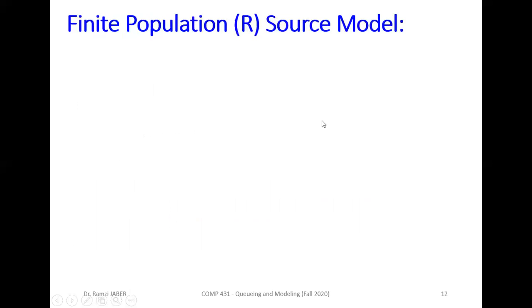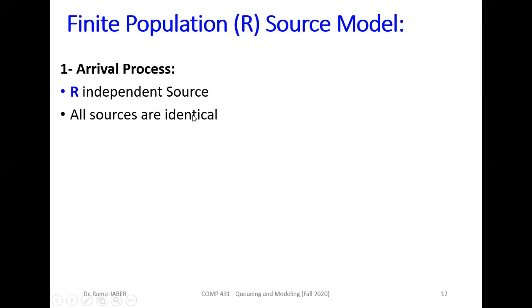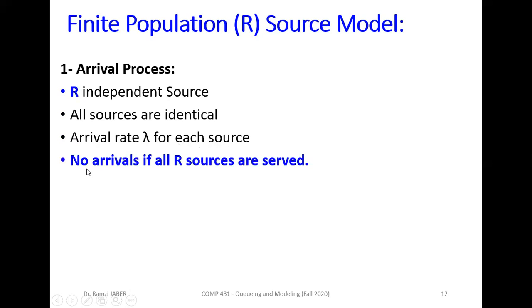So, finite population R, special case on arrival process: R independent sources, all sources are identical, arrival rate lambda for each source. This is a special case here. For each source, no arrivals if all R sources are served.